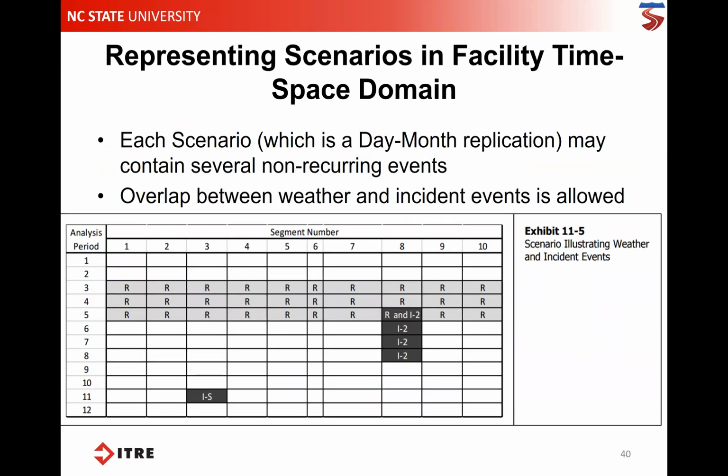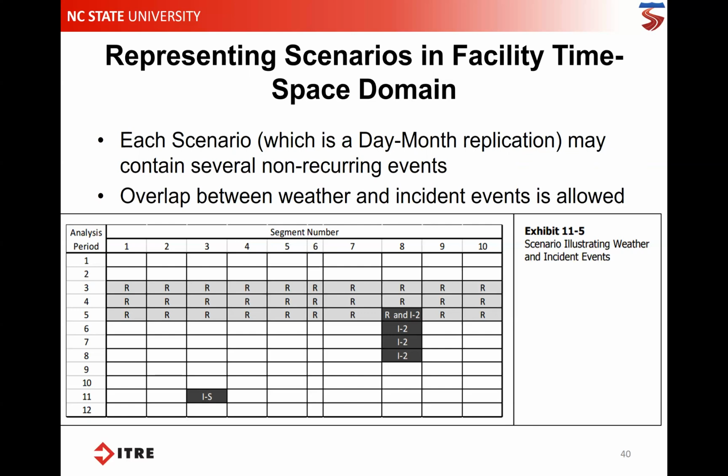This is what we call a time-space diagram, showing how incidents and weather are modeled within HCM6. Again, left to right you see segments, and top to bottom you see time periods. We have a rain event that lasts for about 45 minutes, and weather events are assumed to occur across the entire facility.